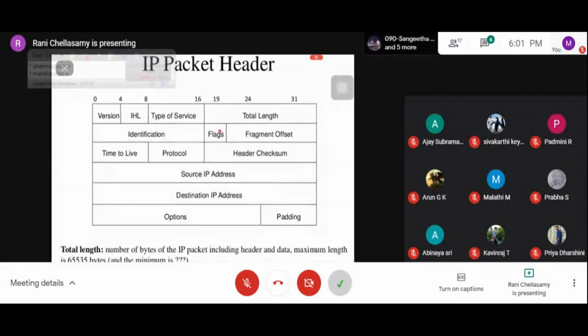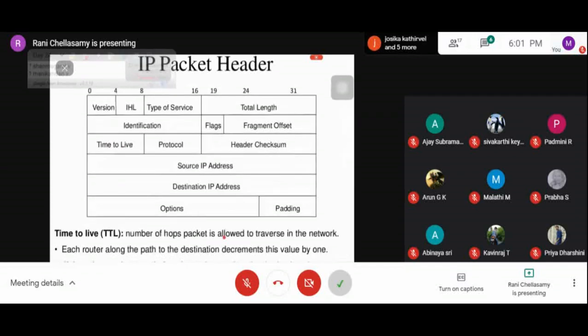The next field is time to live. Time to live refers to how long the packet resides or travels inside the network. It is shortly represented as TTL, and it defines the number of hops. What do you mean by hop?